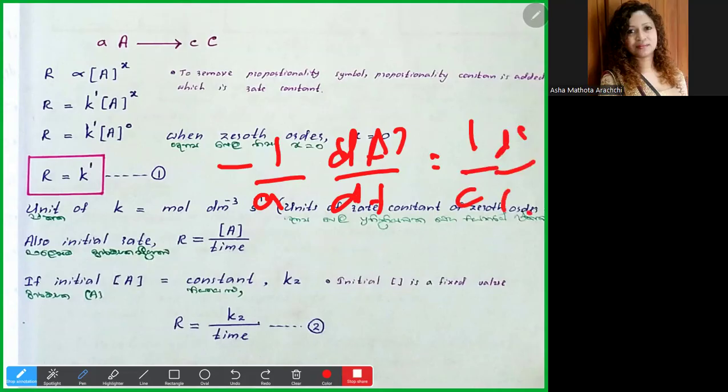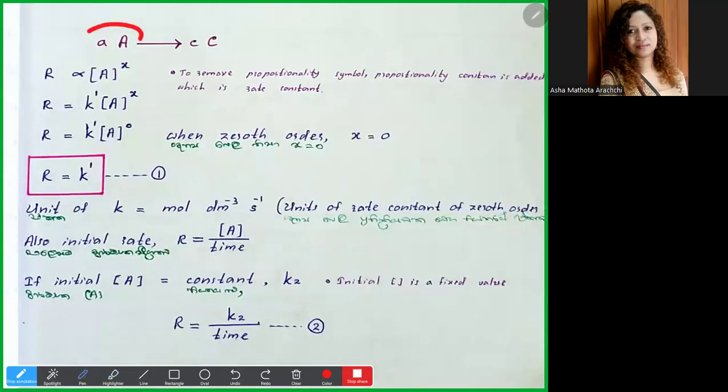So when you are writing rate expressions with respect to stoichiometry, we can go with either reactants or products. Clear? But when we are writing rate expressions using the rate laws, we are writing rate expressions only for reactants. Clear? Only for reactants. So if you go with this one, we have only one single reactant and its stoichiometry is a.